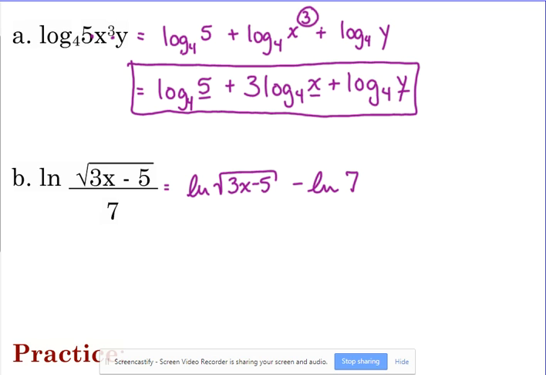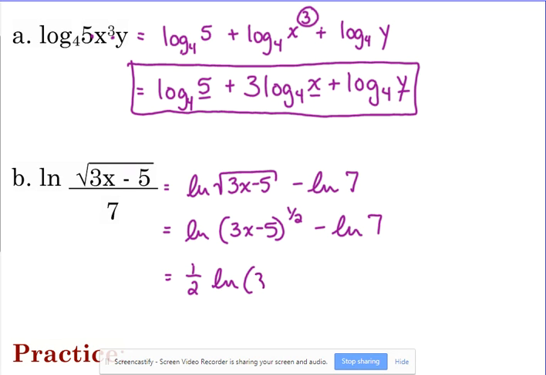Now, it may not look like we have a power, but can we rewrite the square root so that it's an exponent? How about the 1/2 power? The square root can be rewritten as the 1/2 power. So then we can apply our power rule to bring that power in front of the logarithm. 1/2 natural log of 3x minus 5 minus the natural log of 7.